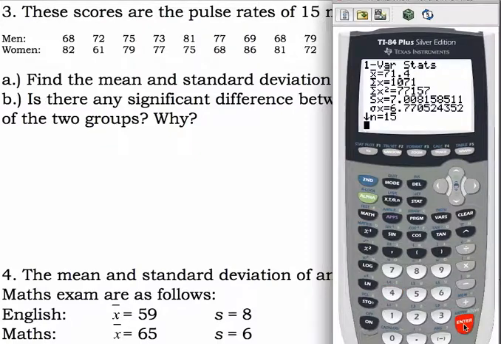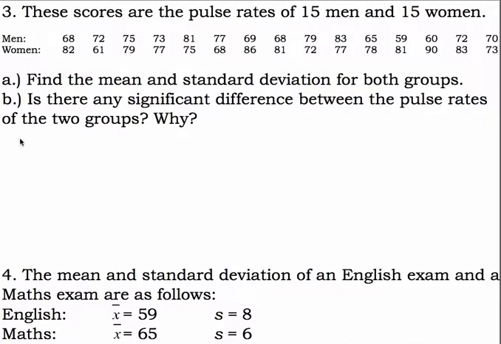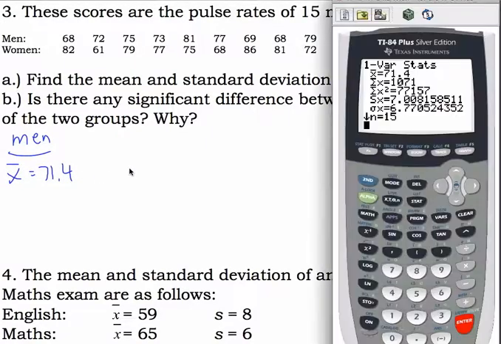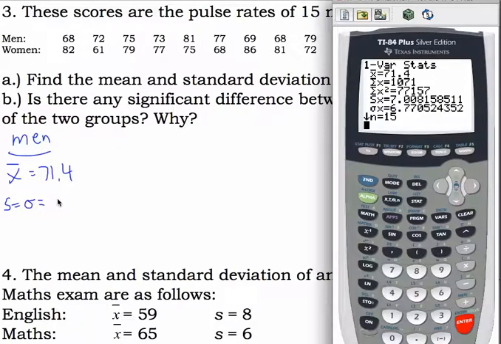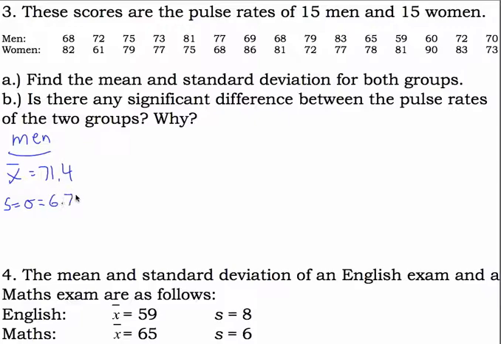Press enter, and the mean is 71.4. So for the men, the mean is 71.4. And then standard deviation, which equals sigma, is 6.77.